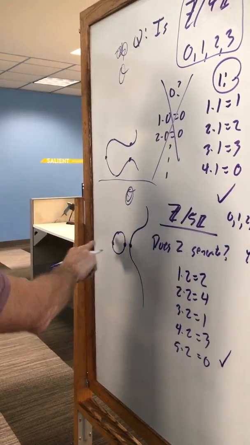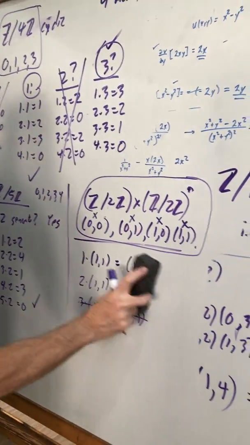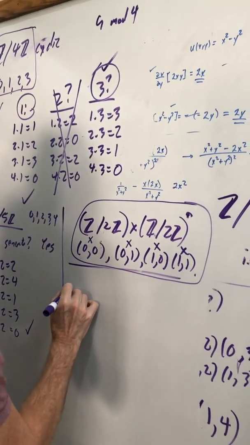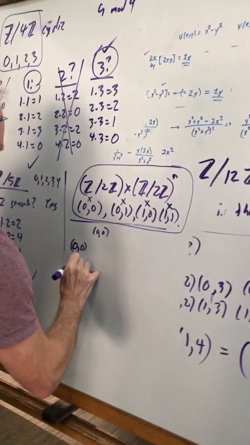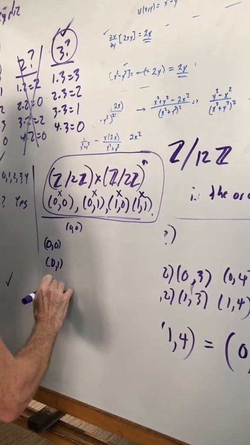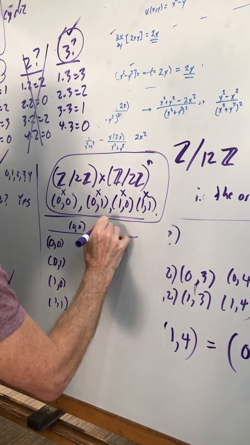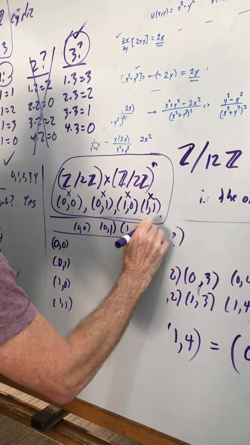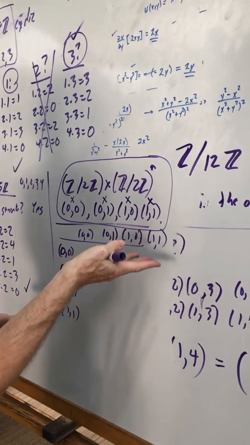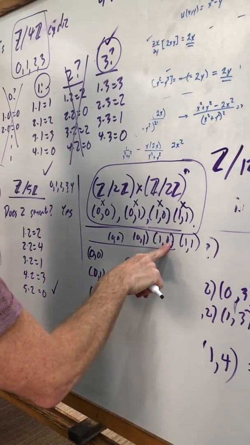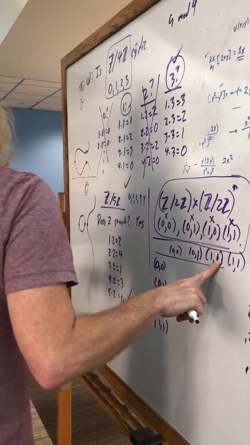Notice that in the addition table for this one, 0 plus anything doesn't change it. (0,0) plus (1,0) is (1,0). The same thing's going to happen here. If I take any point and I add 0, it's going to leave it unchanged.